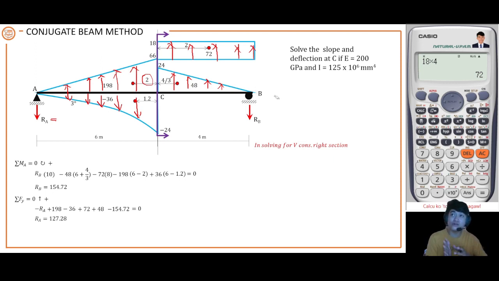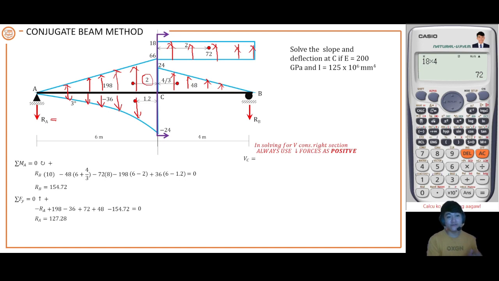So we just want to draw the shear diagram from right to left. If you are solving from right to left, take note that for the shear force value you are going to get, the sign convention should be downward positive and upward negative.